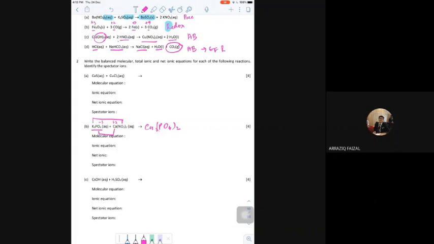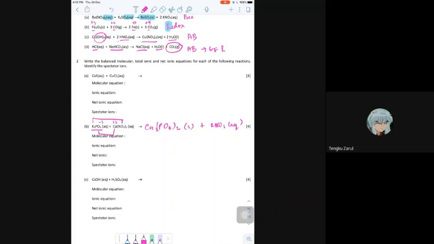So the state for the calcium phosphate will be? Solid. It will be solid. Plus another product, when potassium combines with nitrate, potassium is +1, nitrate also +1. So it will turn to KNO3 aqueous.